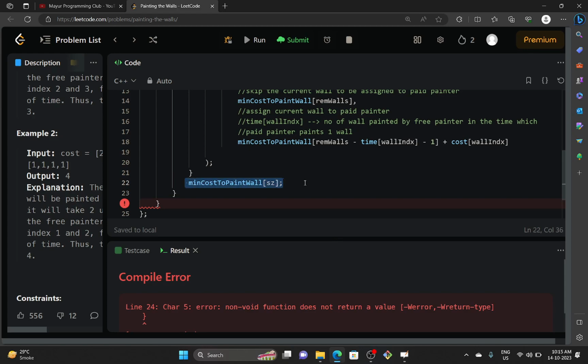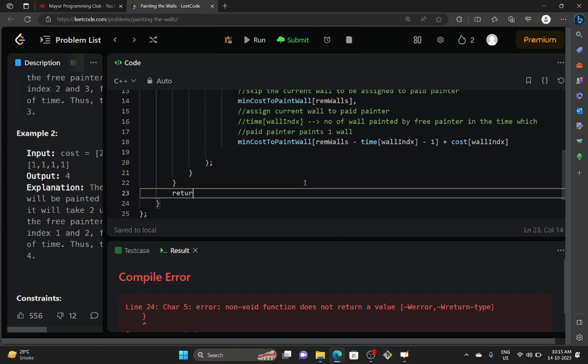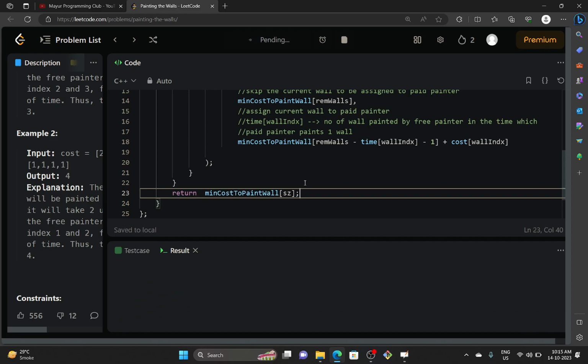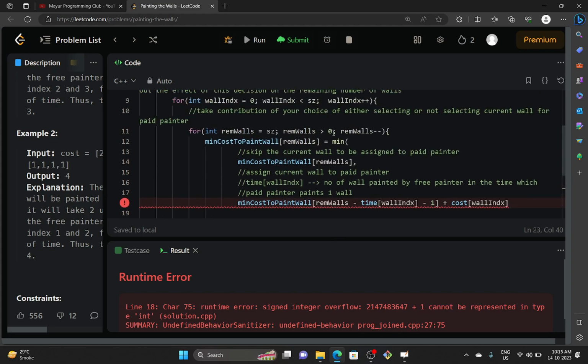Okay, we should have been returning it from here. So it's giving signed integer overflow.